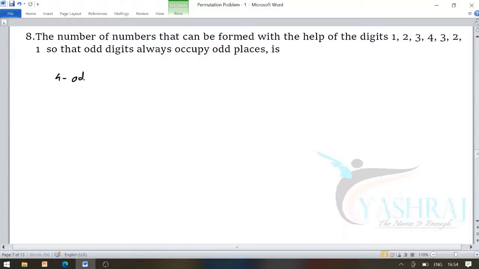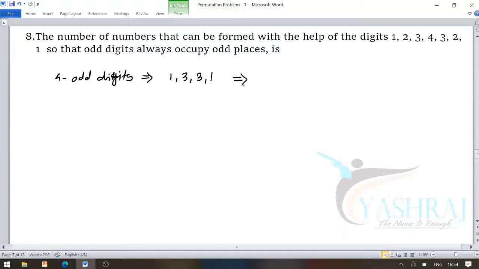The 4 odd digits we are having here are 1, 3, 3 and 1, which can be arranged in 4 odd places.